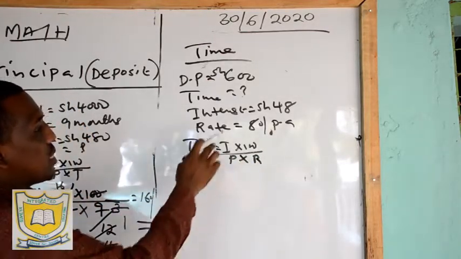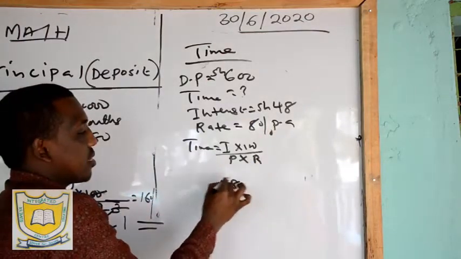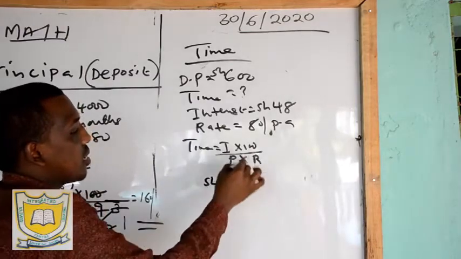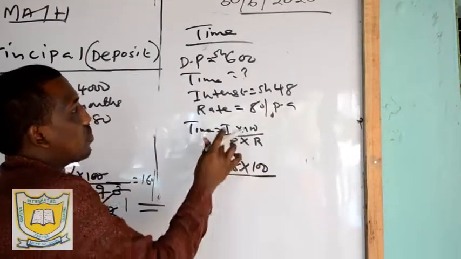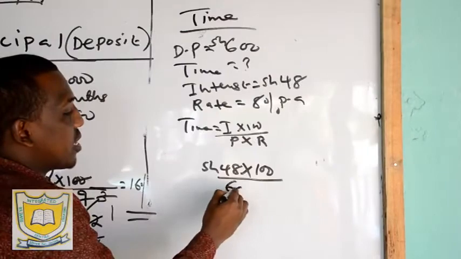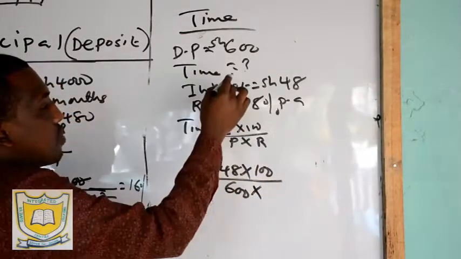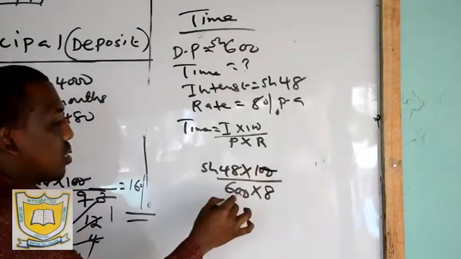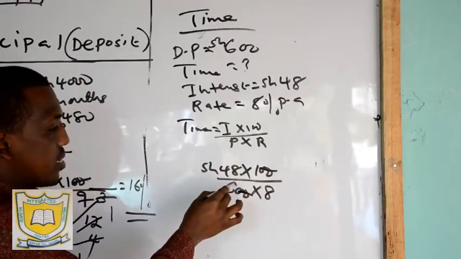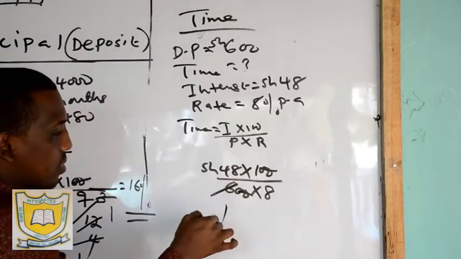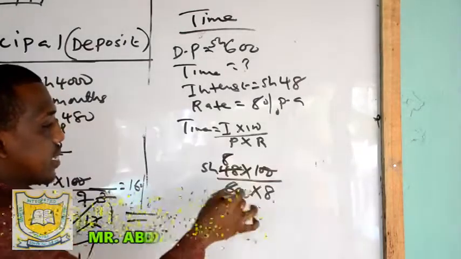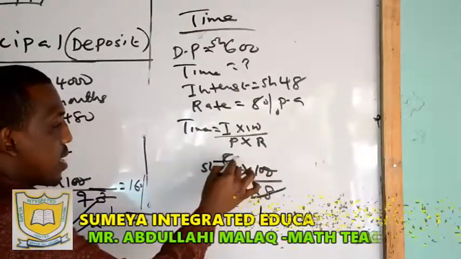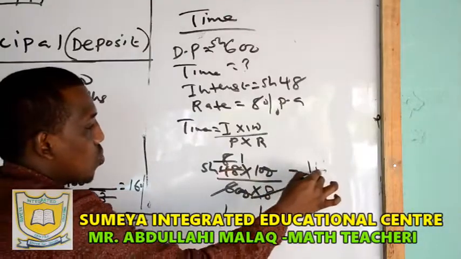So interest here is 48, times 100, over principal, which is shillings 600, times rate, which is 8%. So cancel by 6, 1, by 6, 8, by 8, 1, by 8, 1, which is equal to 1 year.